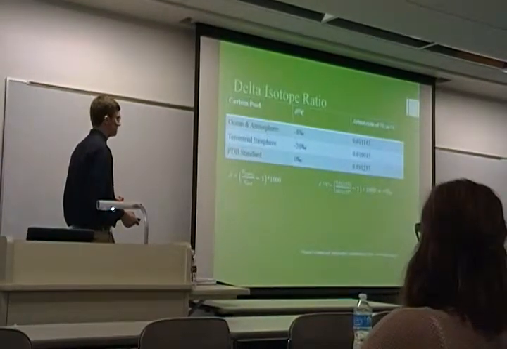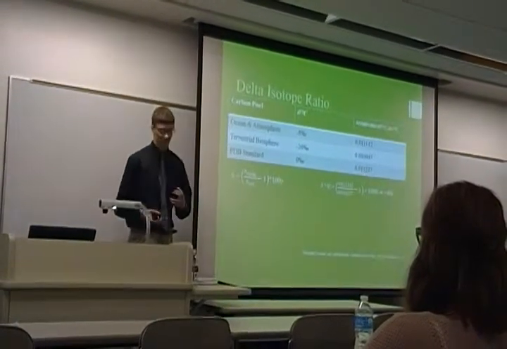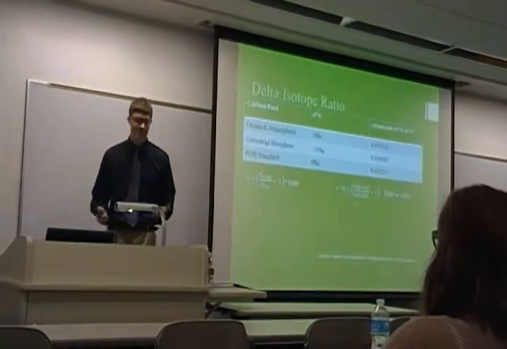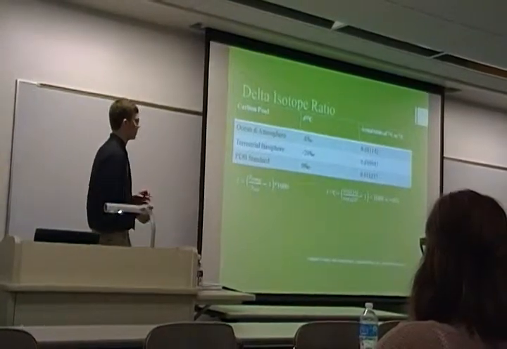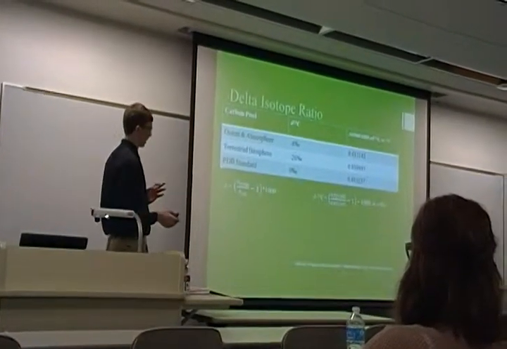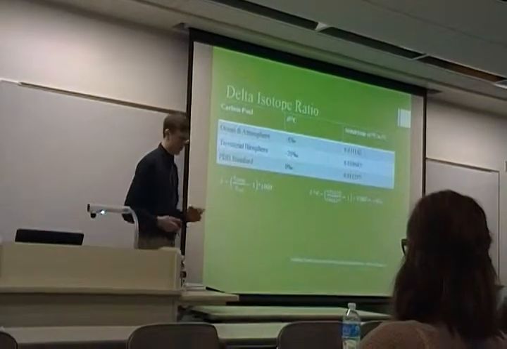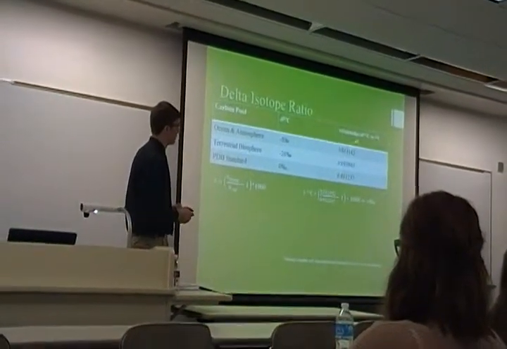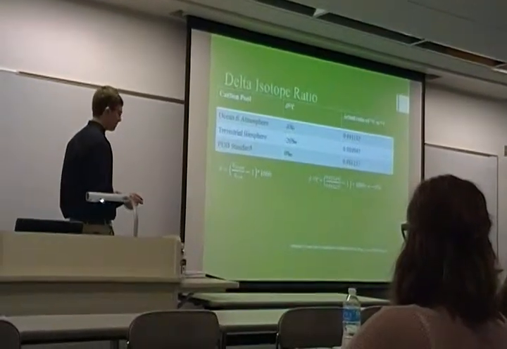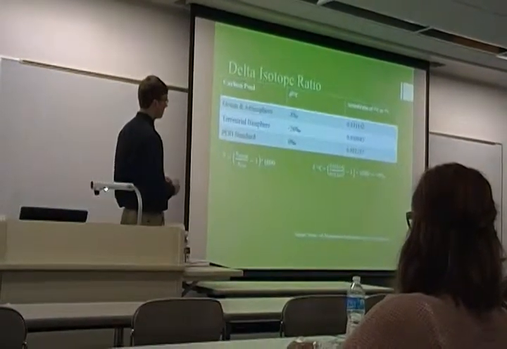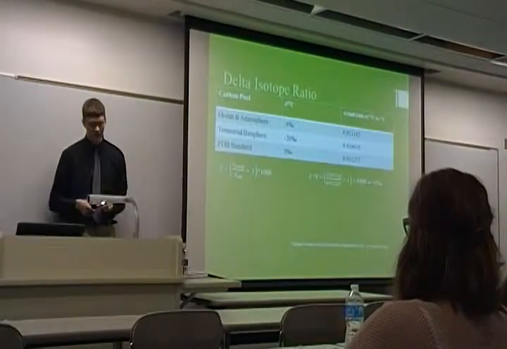Now, understanding this becomes infinitely easier when we look at real-world examples that an atmospheric scientist would talk about today. So if you had a sample of ocean water and you wanted to know the carbon-13 to carbon-12 ratio of it, you run it in your mass spectrometer, and you might get a ratio of 0.011142, just an example. Well, you'd also have to compare that to a standard. You can order these standards.